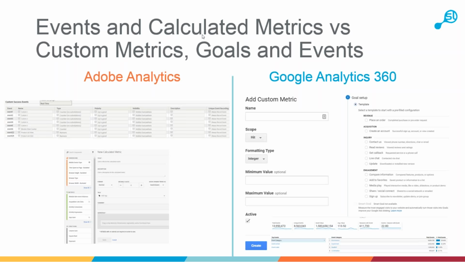And you can track currency information, which is normally used for pricing or transactional information when you're tracking revenue. The only other small difference is that Google Analytics has an event type for time, whereas Adobe Analytics doesn't, but that is handled in Adobe Analytics through a calculated metric.